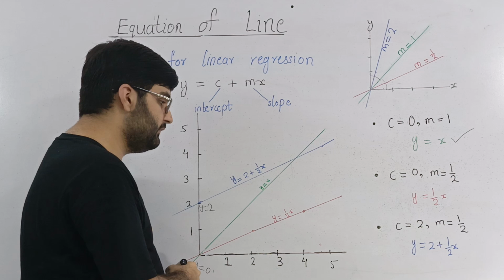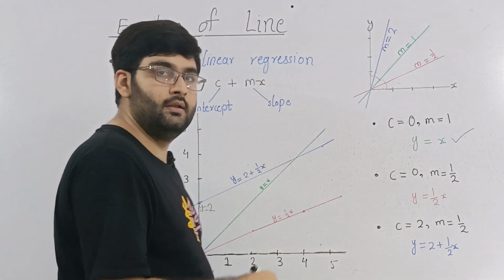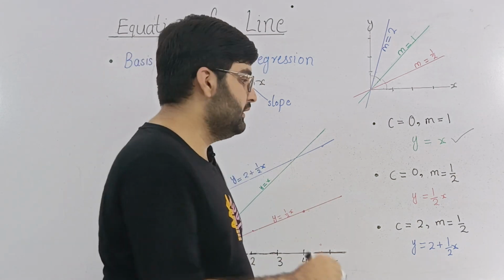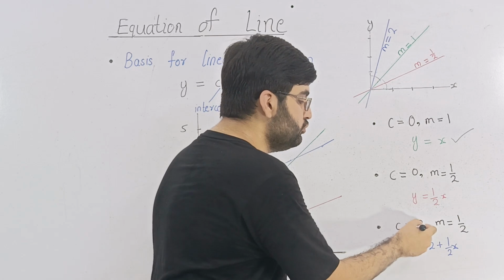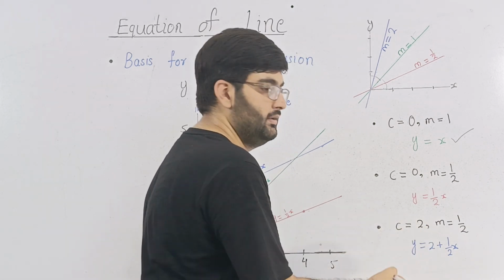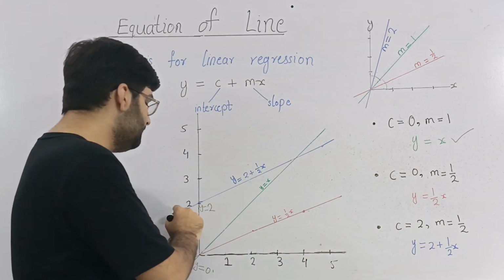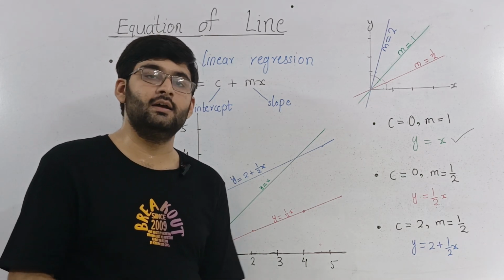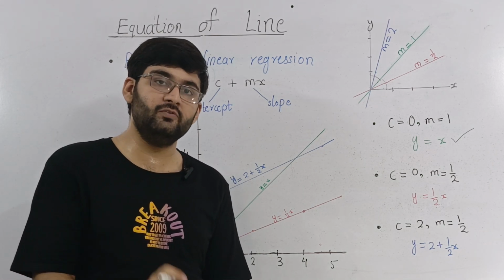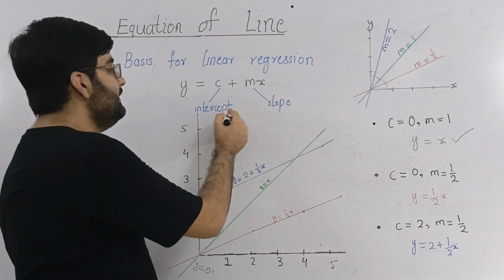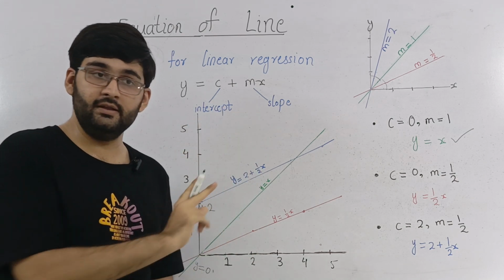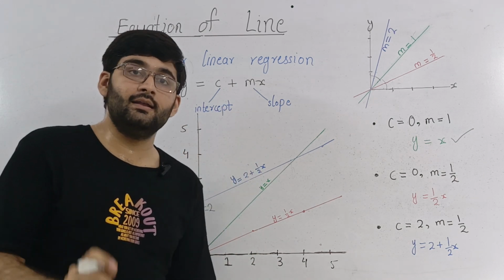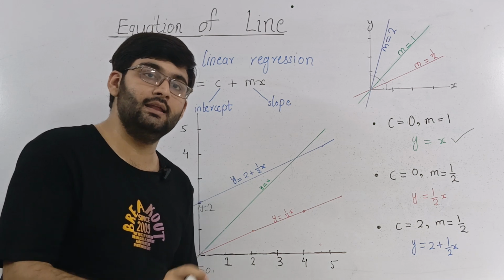This is the equation of the red line. Now, if we change the intercept to 2, we get this line. And this is the equation of the blue line. So the point here is that by modifying these two constants, the slope and the intercept, we can create any line in the plane.